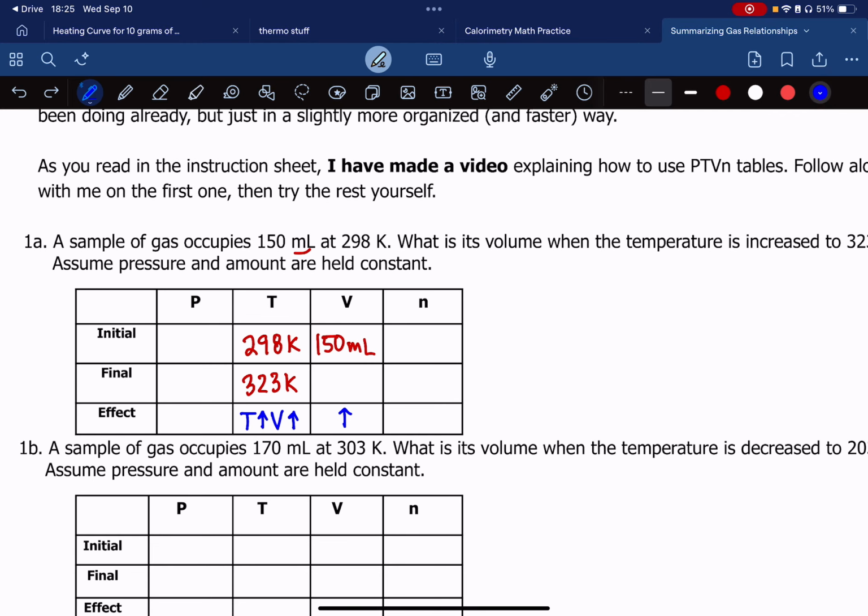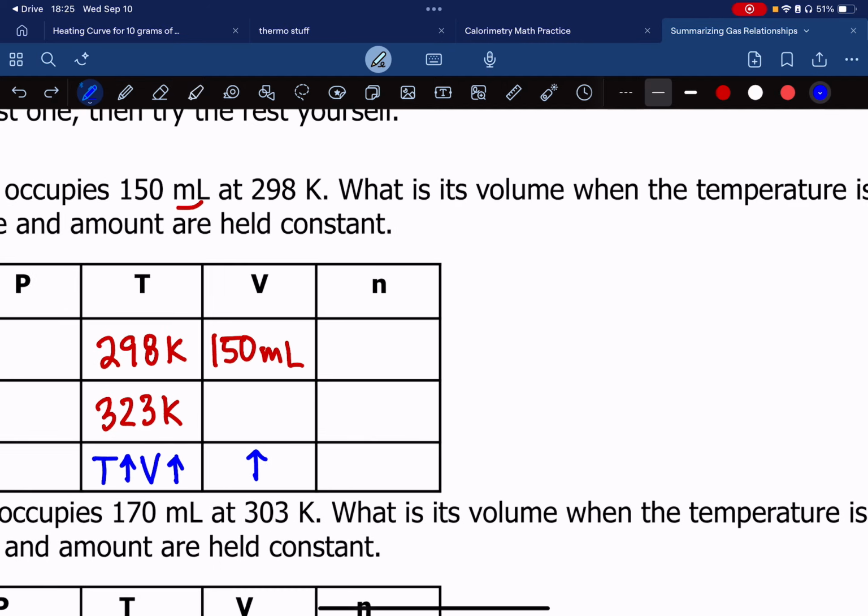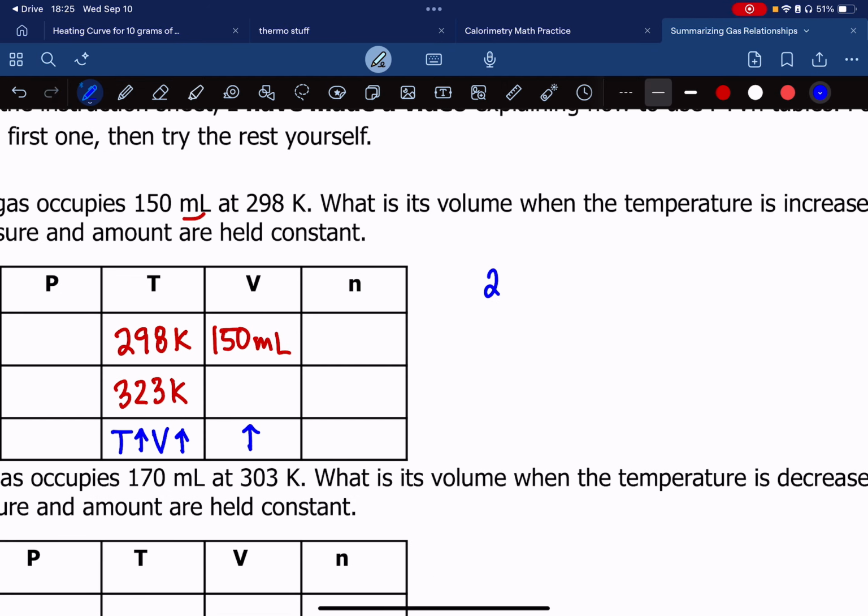Now I'm going to do the math two ways. The first way is going to be the way that's very familiar to you. It's this proportionality math that we've been doing for a while. And then I'll show you another way to do it. So first, we'll take this 298 Kelvin, and we'll say that is the temperature when the volume is 150 milliliters. We know that we are increasing the temperature to 323, and we want to know what is the new volume.